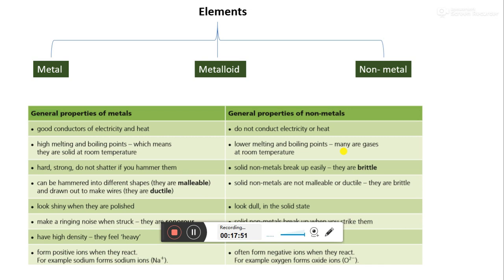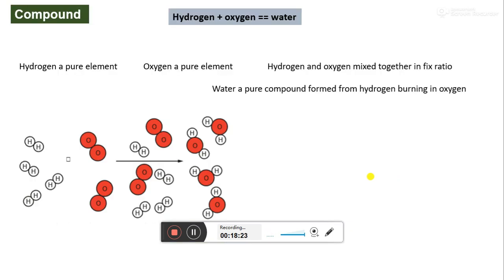Examples are silicon, germanium, and arsenic, which have properties of both the metal and the non-metal, right, which we can use depending upon their properties. They have different applications. For example, silicon is used in your mobile chips, electronic devices, computer devices, etc.